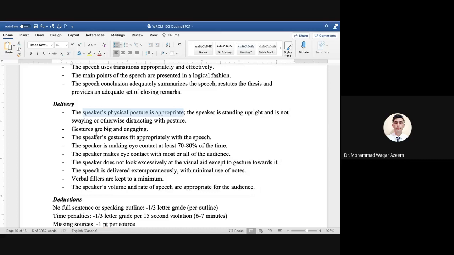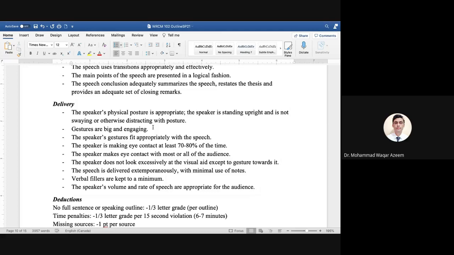You should also not keep swaying while making the speech; swaying sideways or to and fro is not appropriate during a speech. You should also make appropriate gestures during your speech.